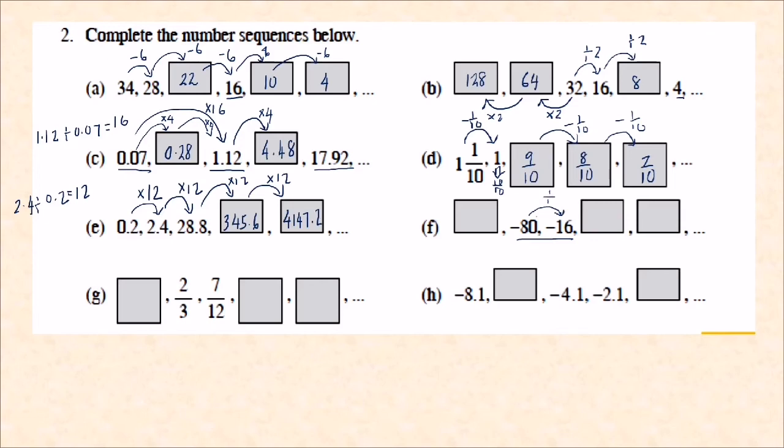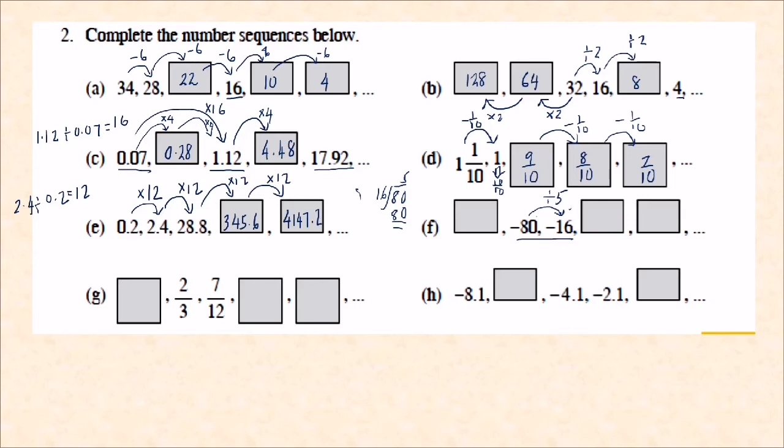We check. 80 divided by 16 we will obtain 5. So negative 80 divided by 5 equals negative 16.